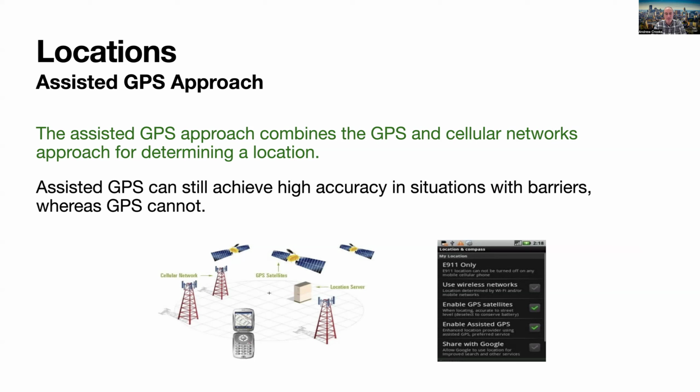You'll see assisted GPS on emergency calling in rural areas, for example. 911 calls can be assisted through this technology. So assisted GPS improves the startup performance, the time for the first fix of the GPS, and is actually accelerated by the United States Federal Communications Commission's 911 requirement, which is what I was hinting at here.